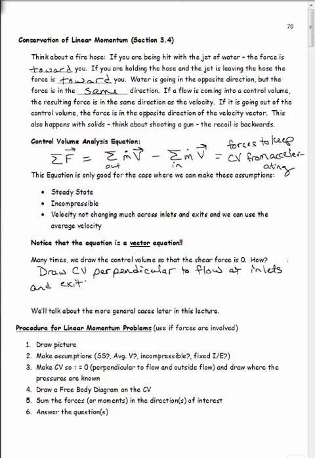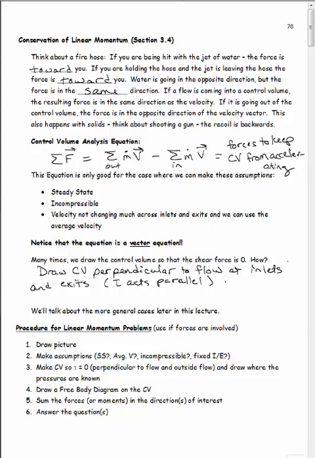The reason that gets rid of shear is because shear is always that parallel stress, right? Shear stress is parallel, tau x parallel. So if we don't have any component of our control volume going parallel, we eliminate shear stress, and we can just use pressure, which is much easier to deal with.